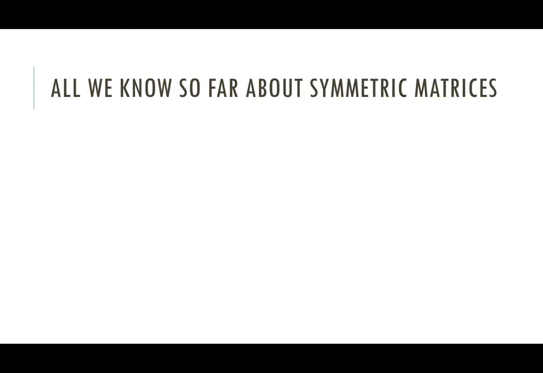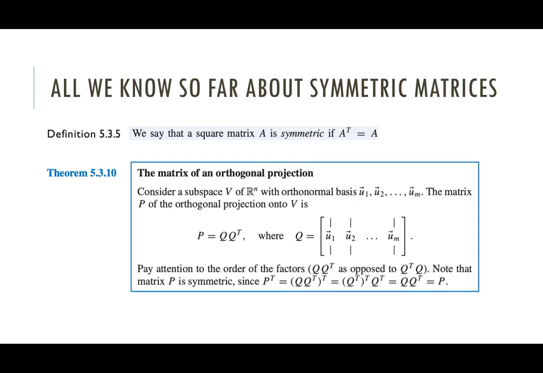But all right, what do we know so far about symmetric matrices? Well, just looking at your book, we've got the definition. It says that a square matrix is symmetric if it's equal to its transpose. And then doing some control F, we would see that we also have a theorem in section 5.3 about the matrix of an orthogonal projection.